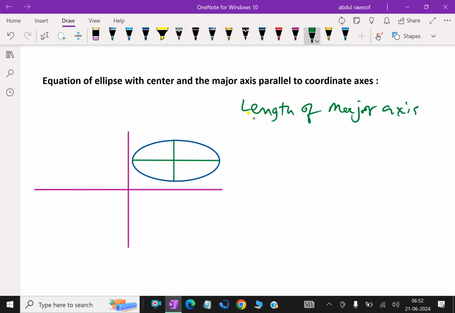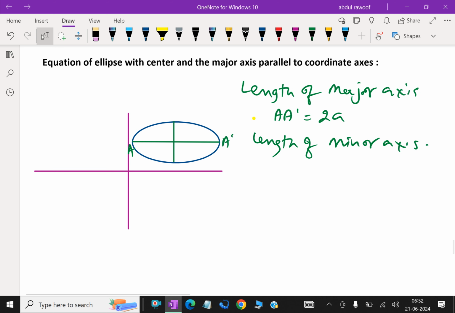Length of major axis, let it be a dash, equal to 2a. Then length of minor axis, b dash, equal to 2b.